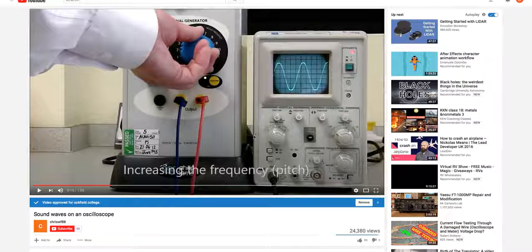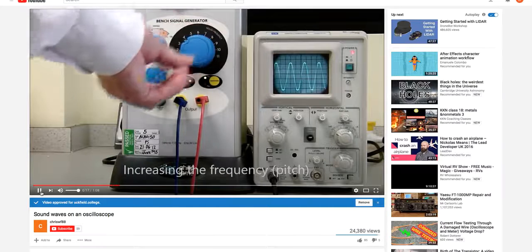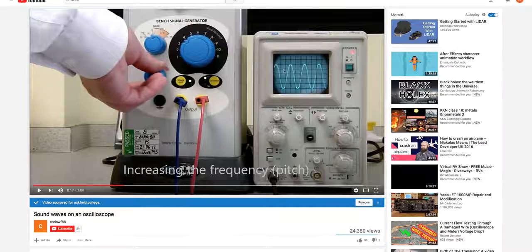You can see as the pitch of the note increases, watch what happens on the oscilloscope. You can see that the frequency of the wave is increasing.